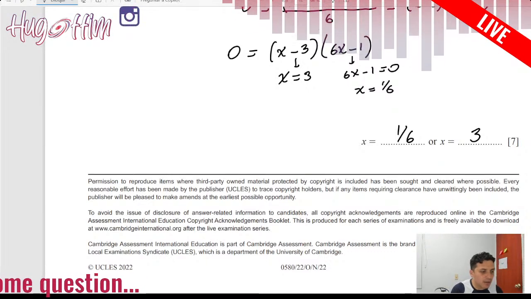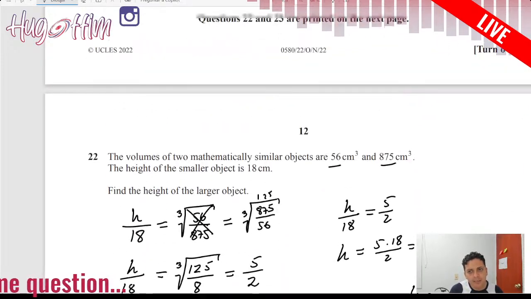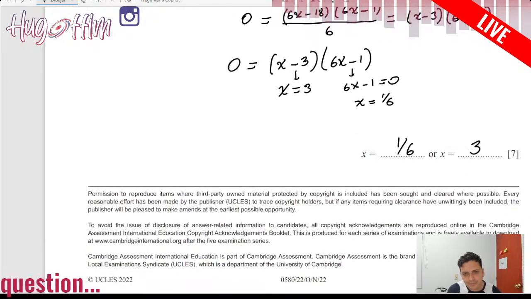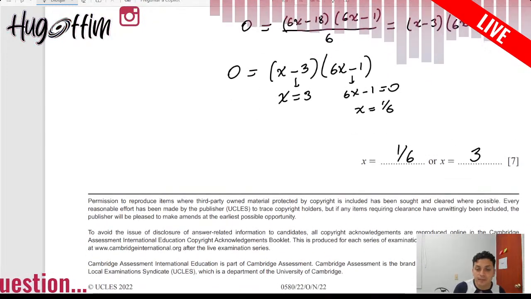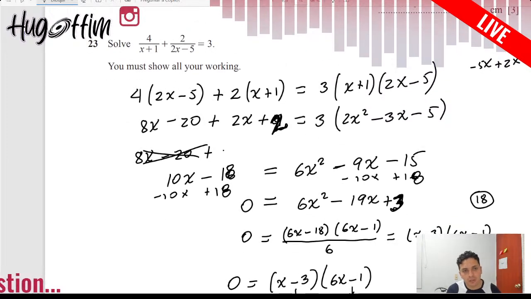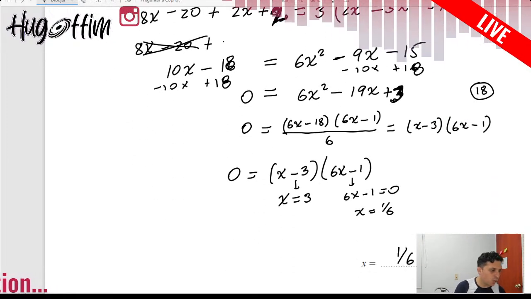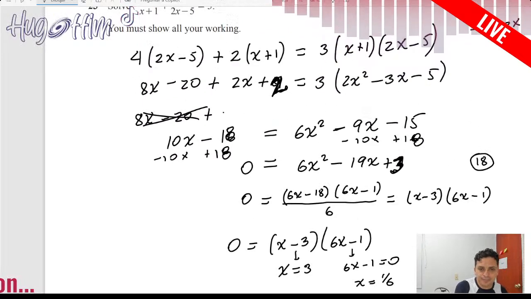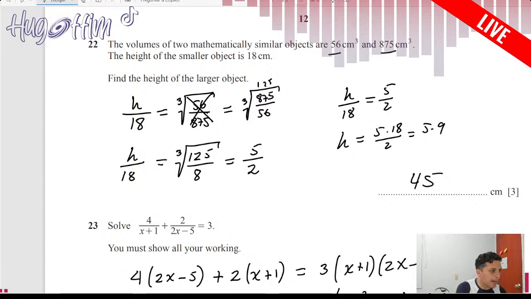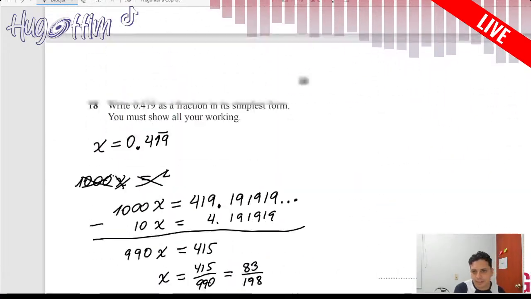The last question was about similarity of volumes, and finally something of algebra, of solving rational equations. Now we should look for the mark scheme, right? Let's see how to find the mark scheme.